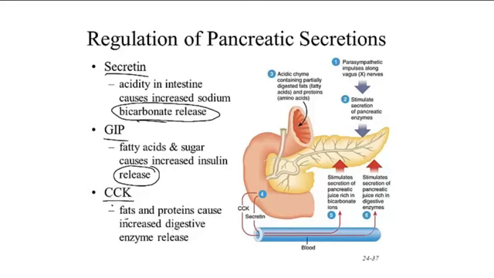So depending upon what kind of content we are digesting, different hormones are stimulated. And here feedback loops are presented, a positive loop and a negative loop, controlled by hormones as well as the parasympathetic nervous system.